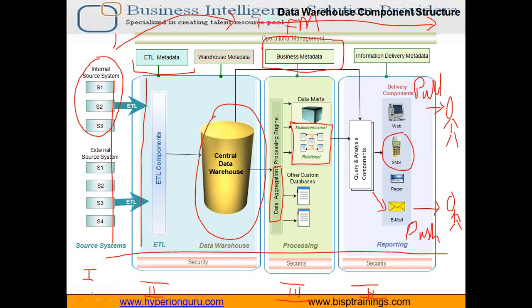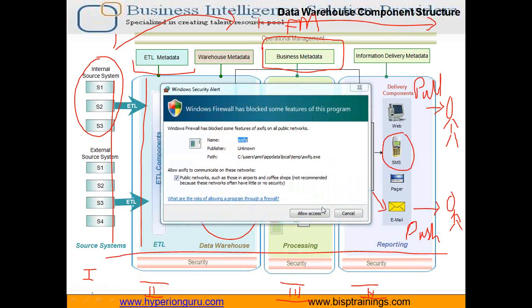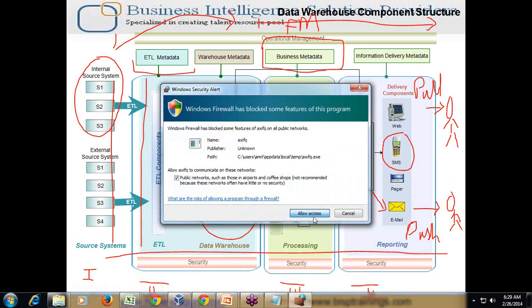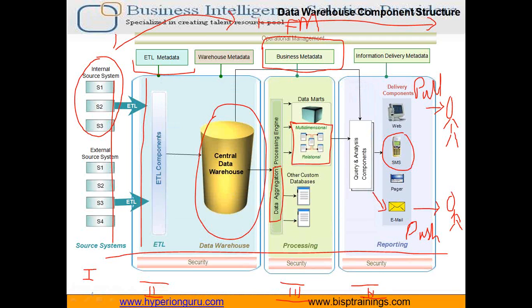I'm a stakeholder of one line of business, or I'm a manager of a line of business. Every month, first day of the month, I get a report about actual sales, target sales, and variance. It comes to my desktop automatically. This is called information delivery, a reporting which you typically talk about. But you see your reporting sits on top of your business metadata. That is why our learning order is this.